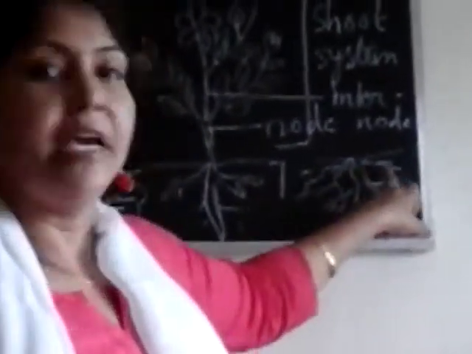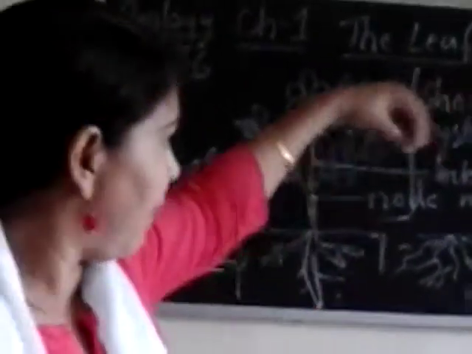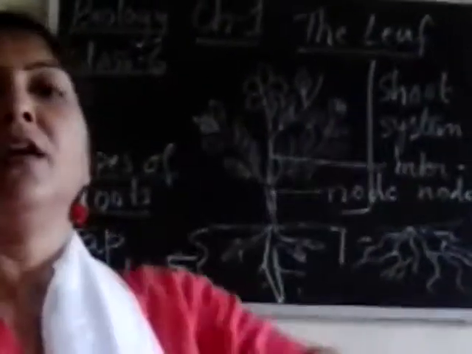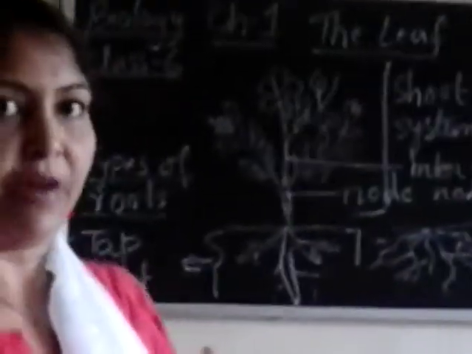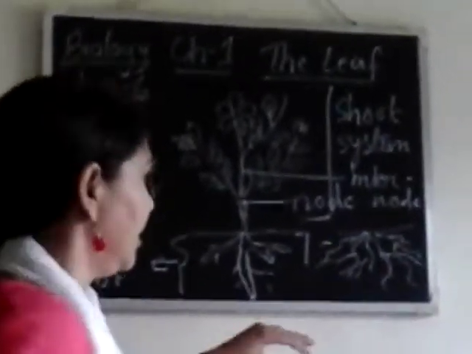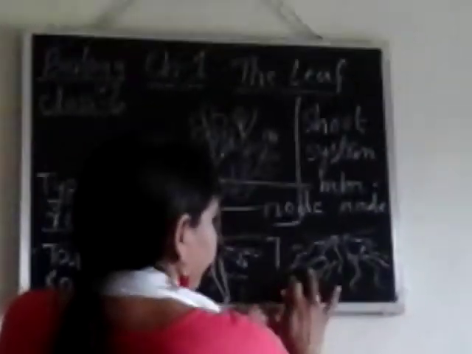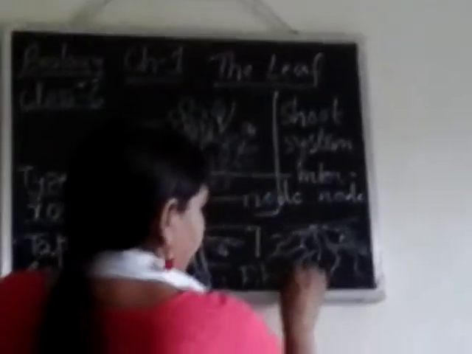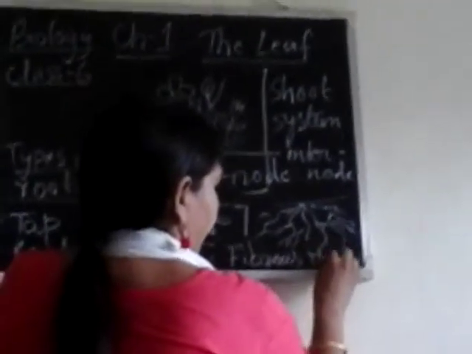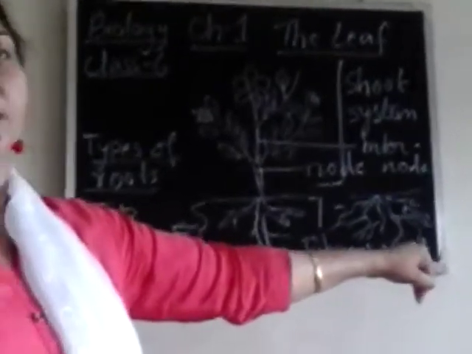Because you can see here there is no main branch, and from one point only there are so many fine, thin, fiber-like branches arising. So they are called fibrous roots.